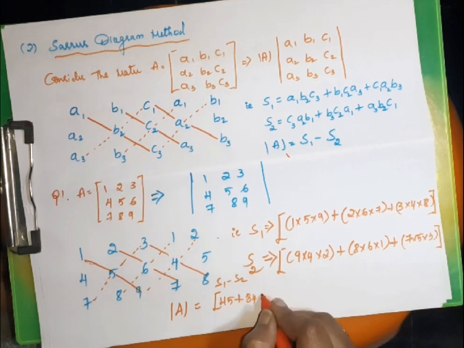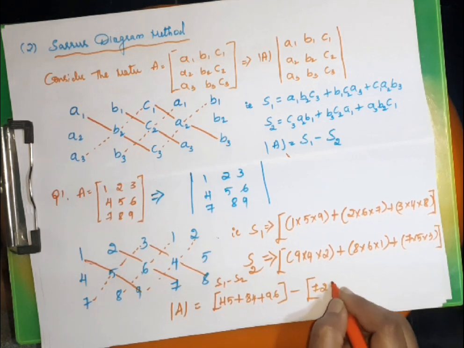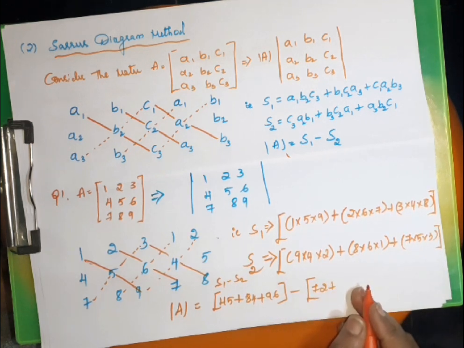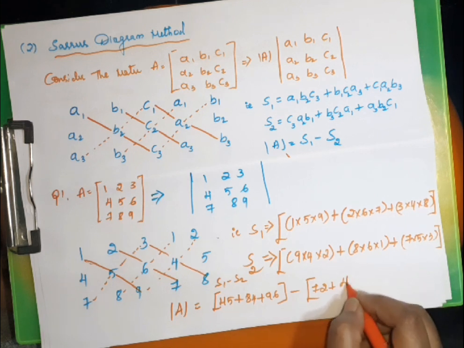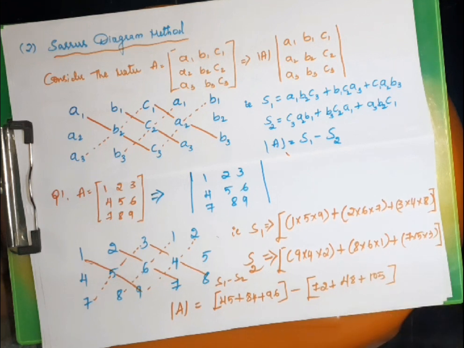Again 12 into 8 is 96, minus, so 9 into 4 into 2 is 72, plus 8 into 6 into 1 is 48, plus 7 into 5, 35 into 3 is 105. So in total you will get 225 minus 225, that is equal to 0. So determinant A is 0.